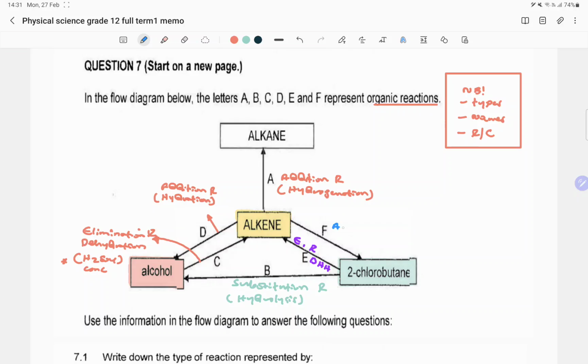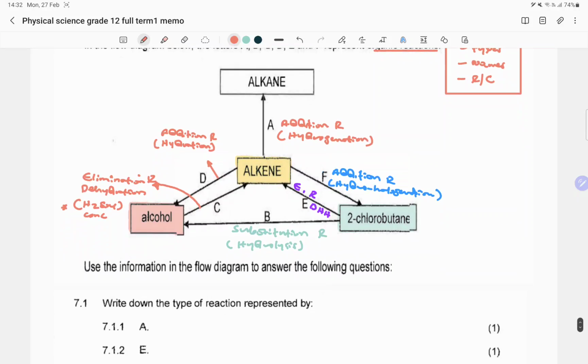So this is an addition reaction, but this one is hydrohalogenation because we're adding a hydrogen halide to end up there. Now that we've scratched the surface a bit, we're not trying to do too many details, but we just want to remember a few things. Some of what we've just done may be answers to questions, so remember that.